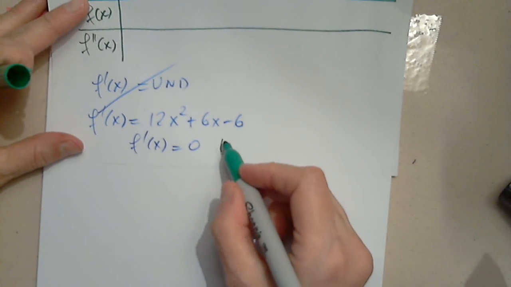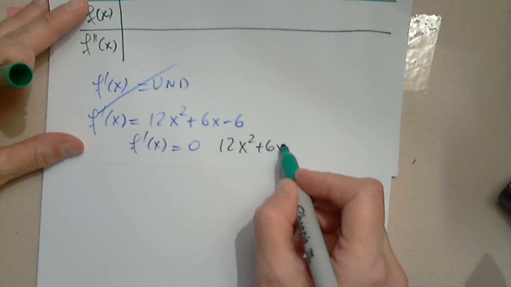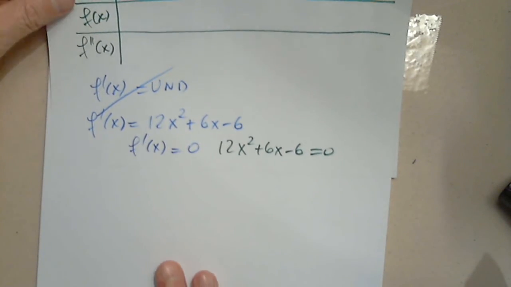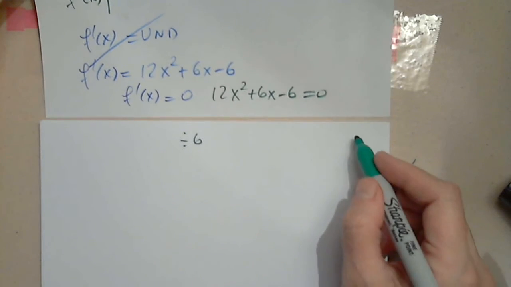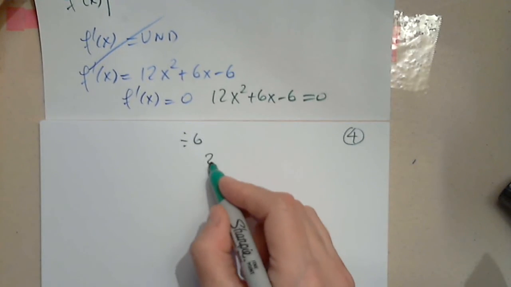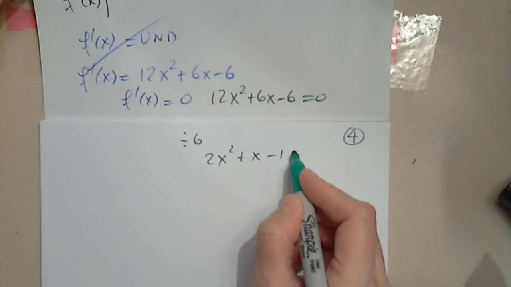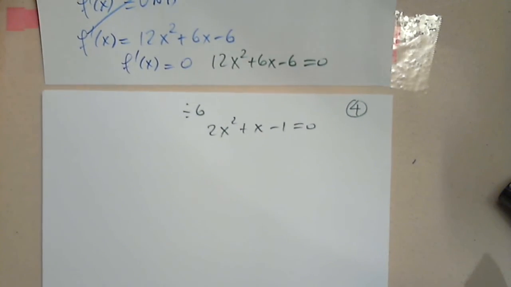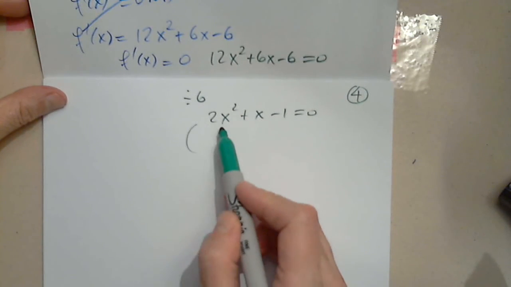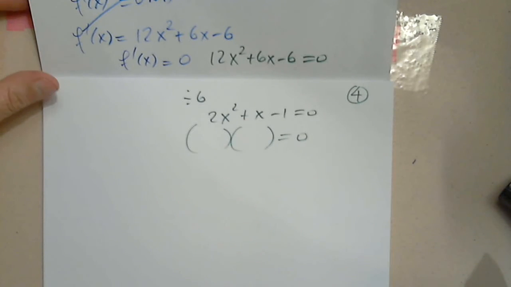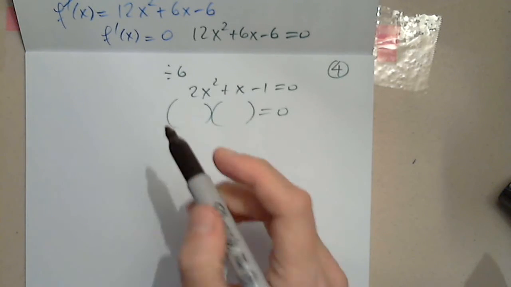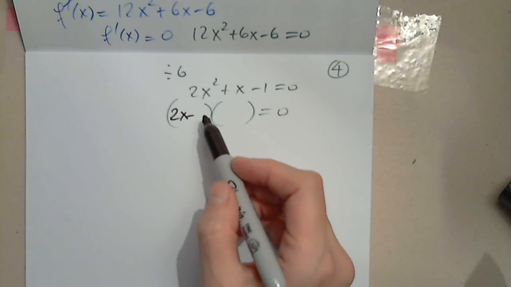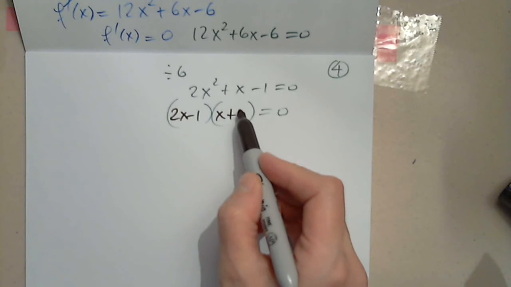So then we have 12x squared plus 6x minus 6 equals 0. Of course, I will divide by 6. And I get 2x squared plus x minus 1 equals 0. And I'm hoping that it will not take us long to factor this. And when we factor it, we get 2x minus 1 and x plus 1.